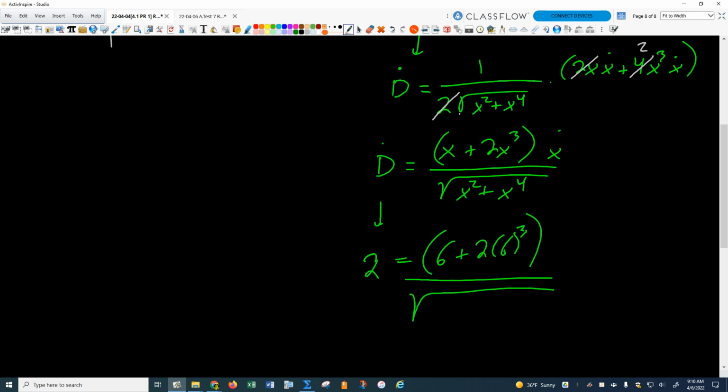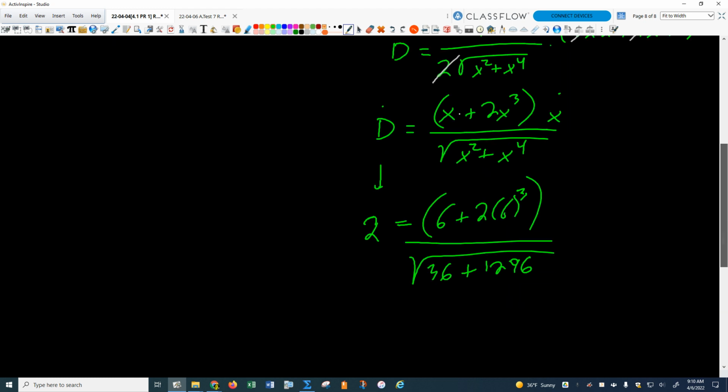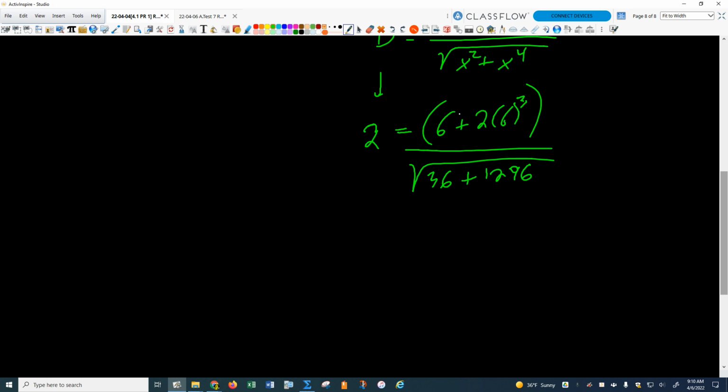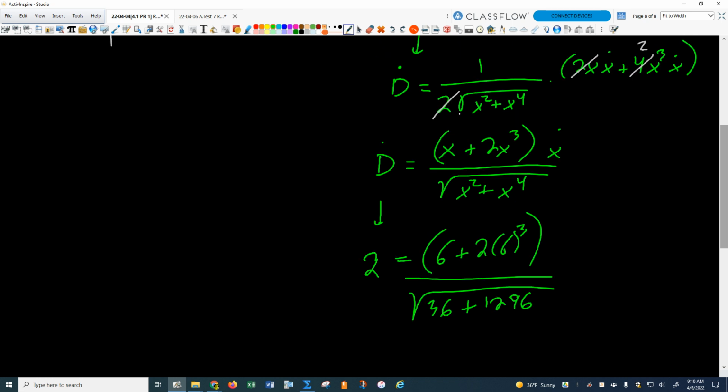So, geez, what's that going to be? So I've got 6 squared is 36. 216 times 6, yikes, what's that going to be? 1296, I think. And then I've got my x dot out here that I'm trying to solve for, right?